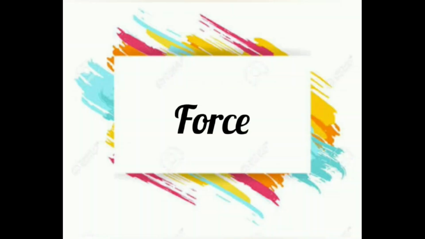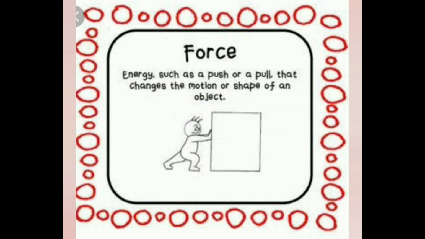The answer is simple, just a one word answer. It is force. So force is the action of push or pull, which makes the bodies move or brings the moving bodies to rest, which means an object at rest can be made to move, a moving object can be made to stop, and it can even change the shape and size of certain objects.